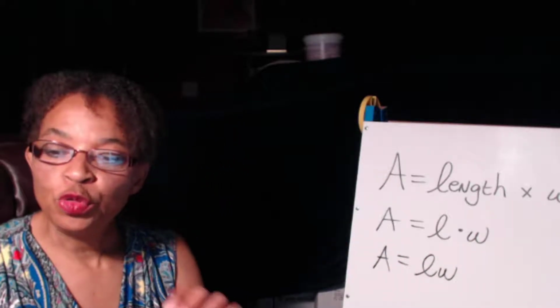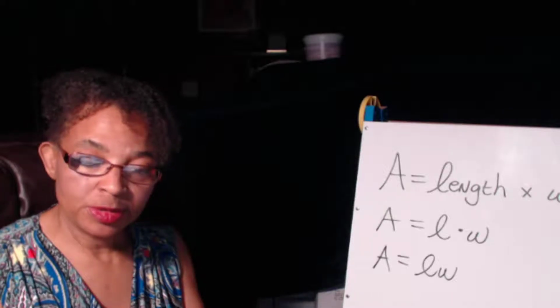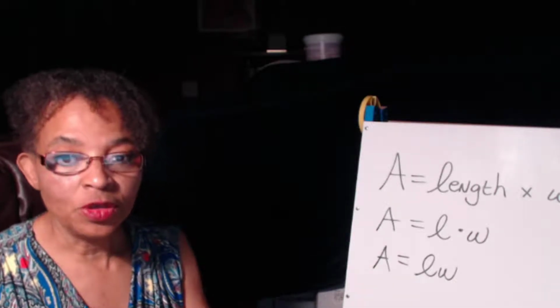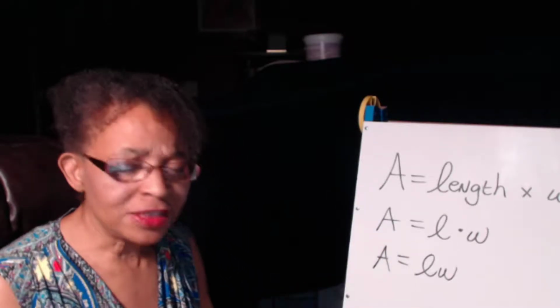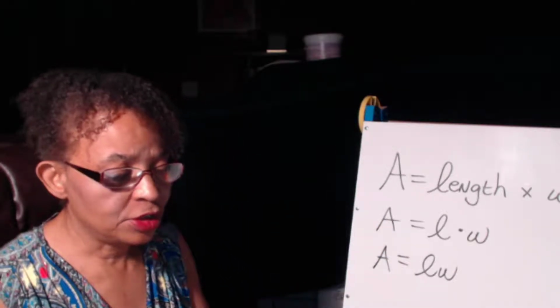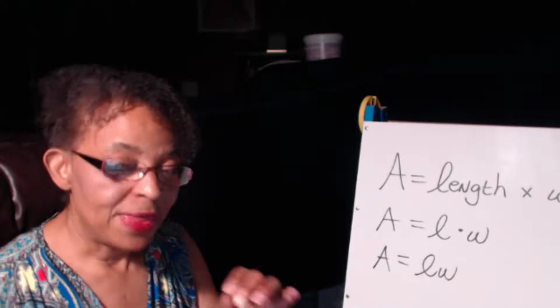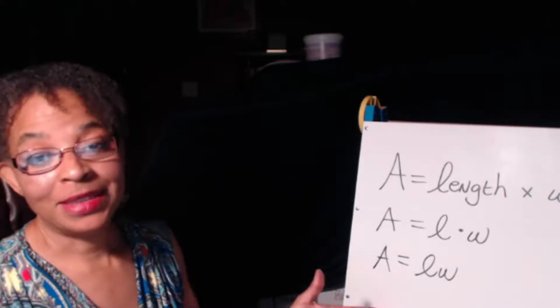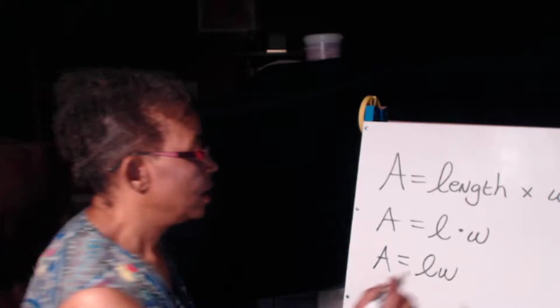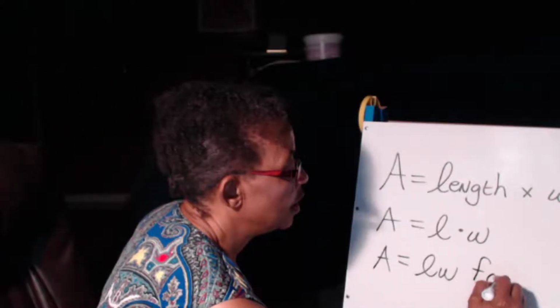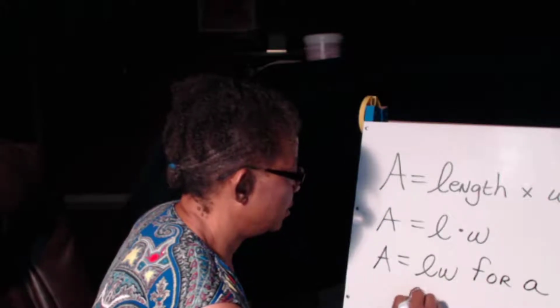And when you see two variables together, that also means that you're going to multiply. So that's the first information that they gave us. It's the product of the length times the width, and that's basically for a rectangle.